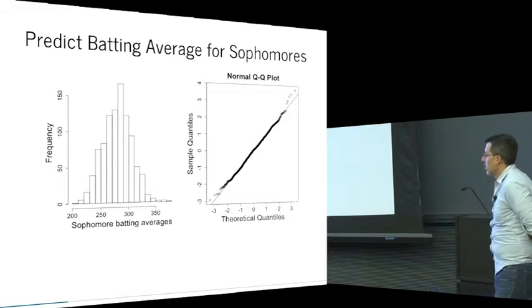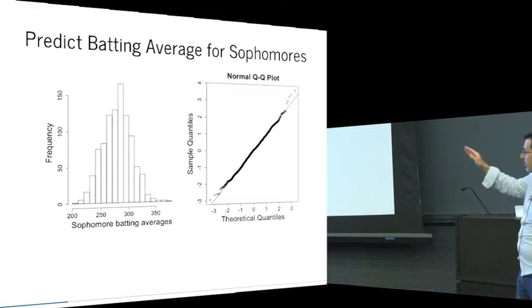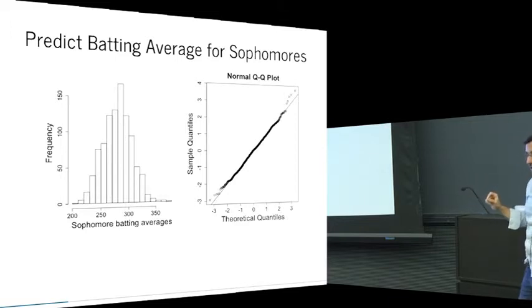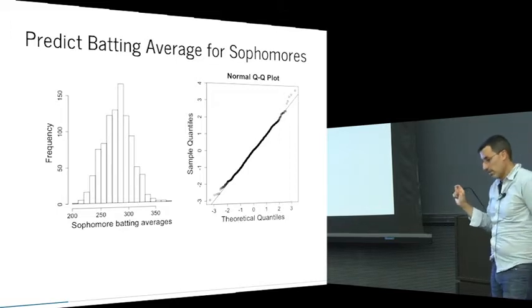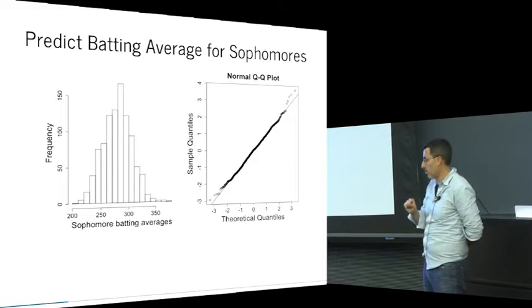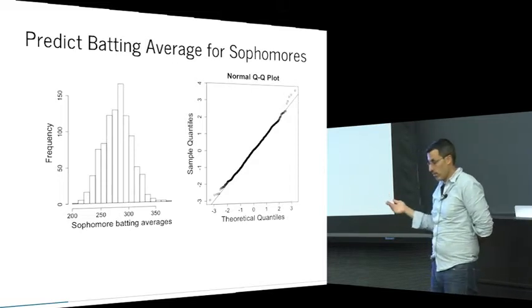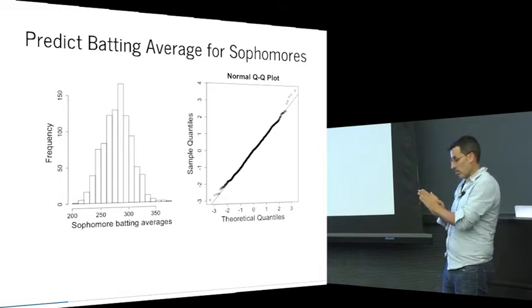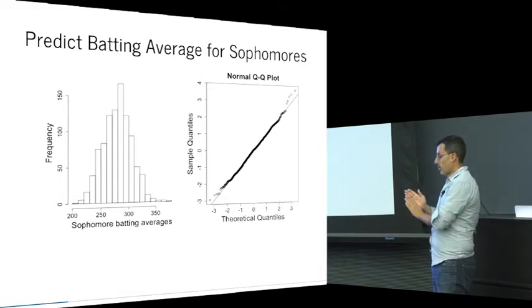All right, so 280, 279, 278, that's the mean. If it's normal, that is the place where you have the most people, so it's the best guess. It gives you the best chance of winning. There's another property that the mean has, and it's that if you take the square of the difference between your prediction and the truth, the mean is going to be the number that minimizes that square on average.